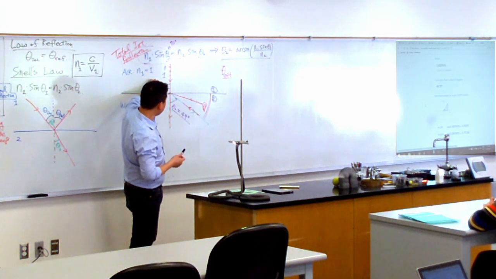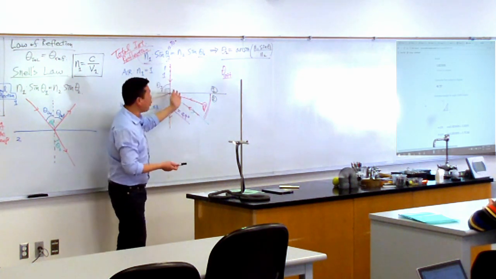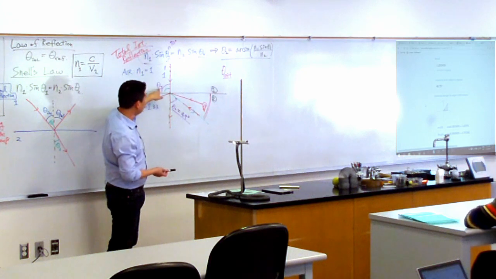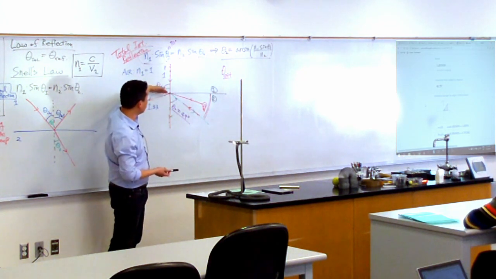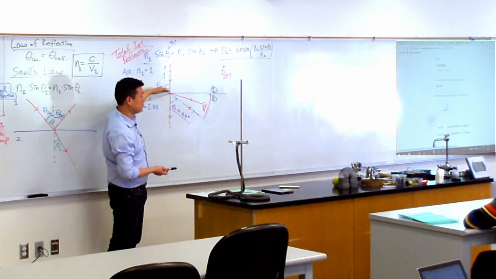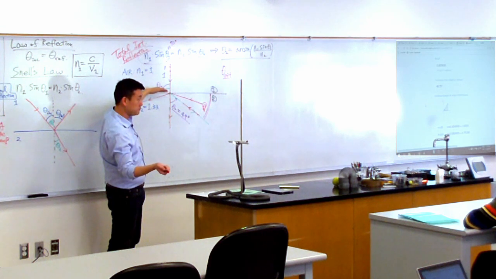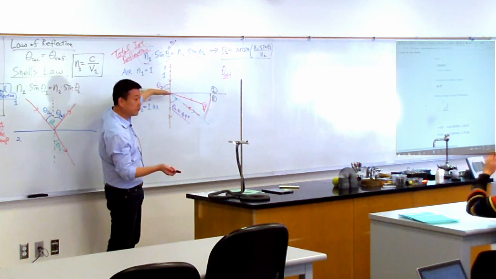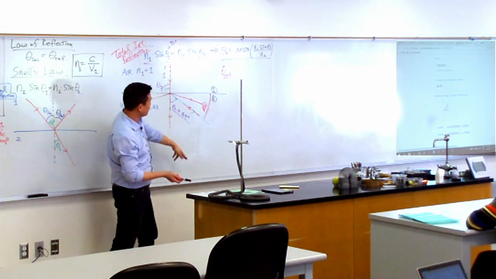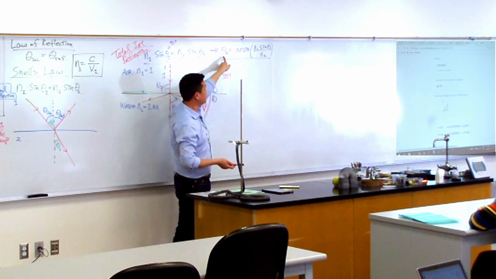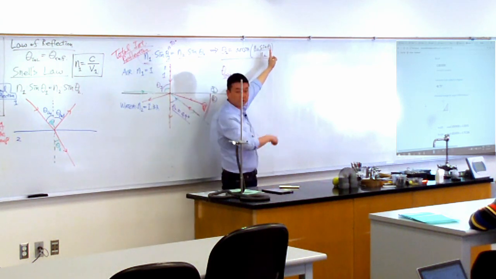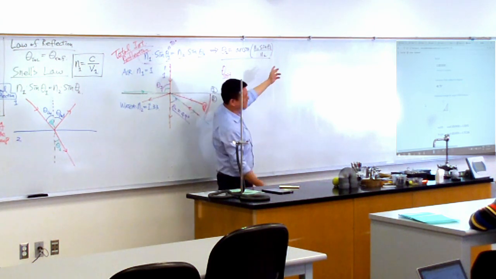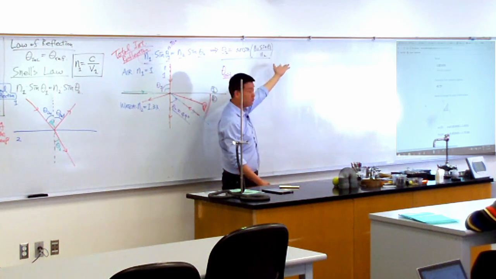So, if you have an optical arrangement that would lead to theta 1 being anything smaller than 90, would it result in total internal reflection? No, 90 degrees is that critical angle for theta 1. So for the critical angle for theta 2, I'm going to set my theta 1 equal to 90 degrees. So sine of theta 1 will be 1.